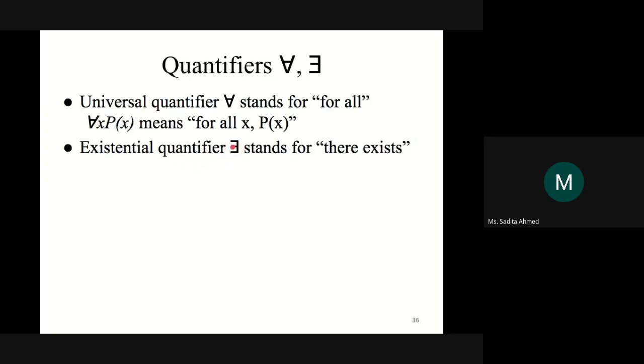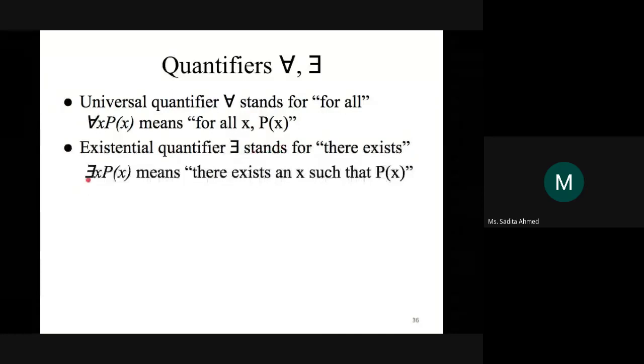Okay, so this is the symbol for the existential quantifier, and no, you cannot use a simple E for that. You have to use this symbol because it is what is used in mathematics to represent the existential quantification of a propositional function. This is read as "there exists". So if we have something like this, we read it as there exists an x such that P(x).